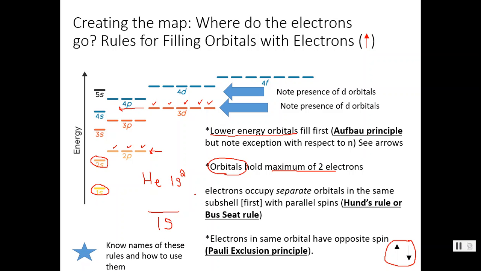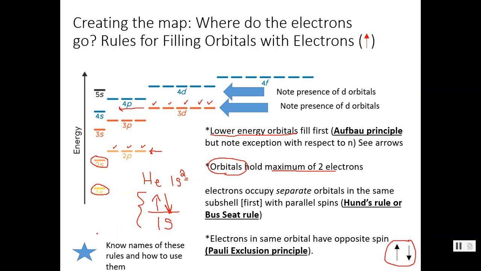And how many electrons am I going to place in that orbital? I'm going to place 2. When I place those 2 electrons in that orbital, they have to have opposite spin. So that means pointed in opposite directions. So here's my first electron. Here's my second electron. So that would be the orbital diagram for helium.